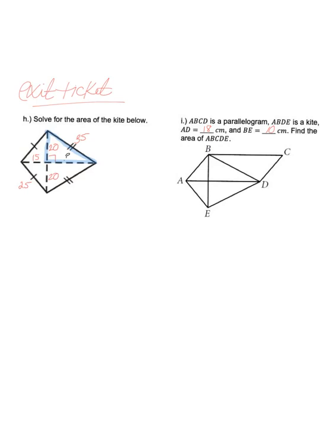And then I also just wanted to point out that here we have a kite, which is, I think, the more obvious one to see. But then we also have a parallelogram. So just another hint for you. Okay? That's your exit ticket.